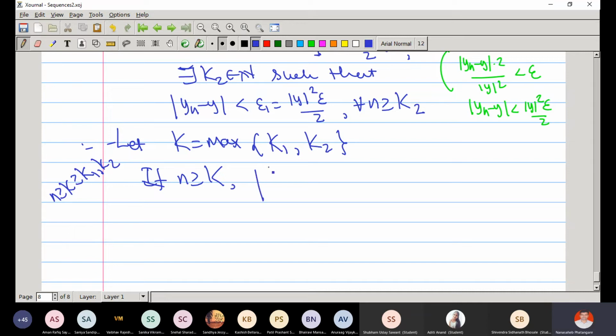Right? So 1 upon yn minus 1 by y. What is this? Yn minus y divided by, this is by straightforward calculations, but our n is greater equal k1, so this quantity is less than or equal to what?